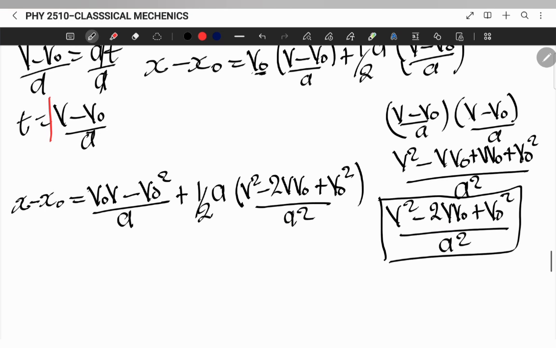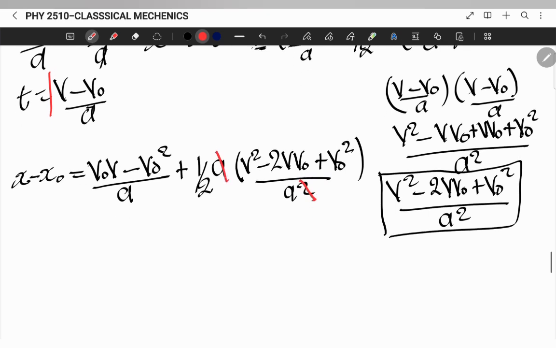Since we are having two a's, this will cancel with that one, so we are going to remain with that. So I'm going to break this into components so that it is easy for us to deal with it.